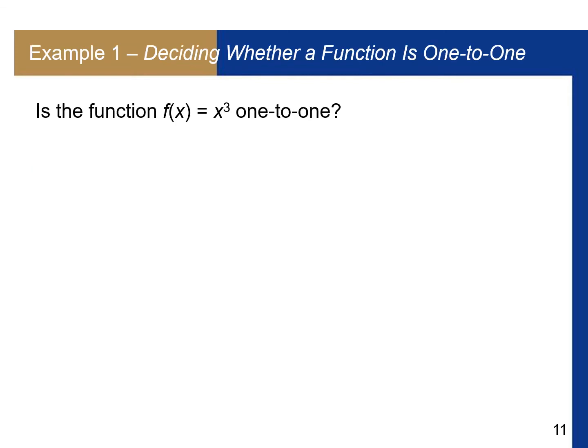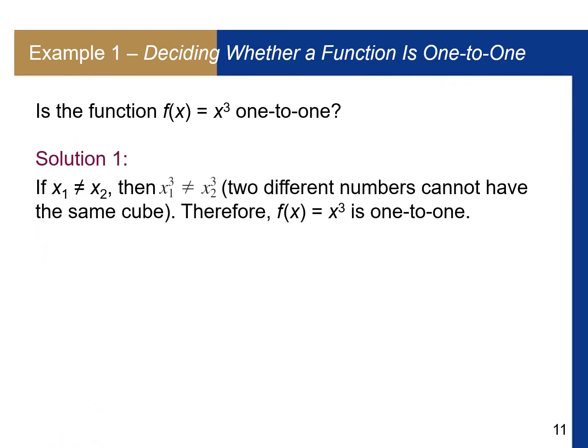Okay, so let's look at the parent function of a cubic graph. We can see that, again, we know that if our domain values are not equal, and we put those into x cubed, my range values are not equal. So it is a one-to-one function.